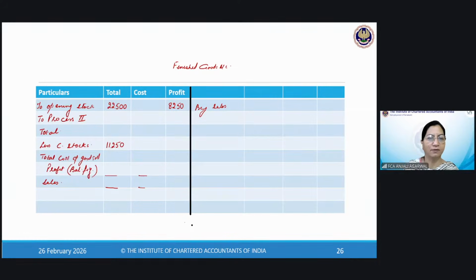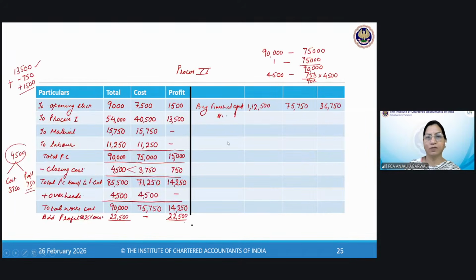So I don't have to go back, I have written these figures. If the opening stock at finished stock account is 22,500, which has an inter-process profit of 8,250, it implies the cost of this would have been 14,250. This cost is the balancing figure. So the cost included in opening stock from process 1 and 2, which is lying with the finished stock, is 14,250.